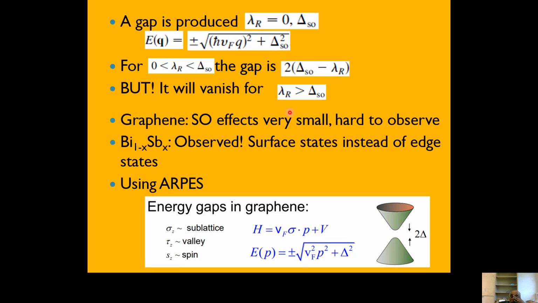That's the coefficient in front of that spin orbit Hamiltonian. If this value is greater than delta SO, this gap pretty much vanishes. You don't have a big gap, but otherwise you have a gap of 2 times delta SO minus that constant term here. So the important thing is that for graphene, this spin orbit effect is really small, very hard to observe. That's why I think graphene doesn't have this topological effect.